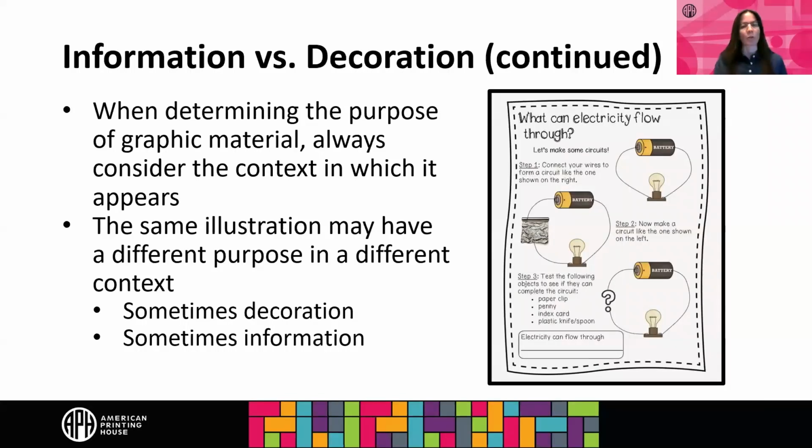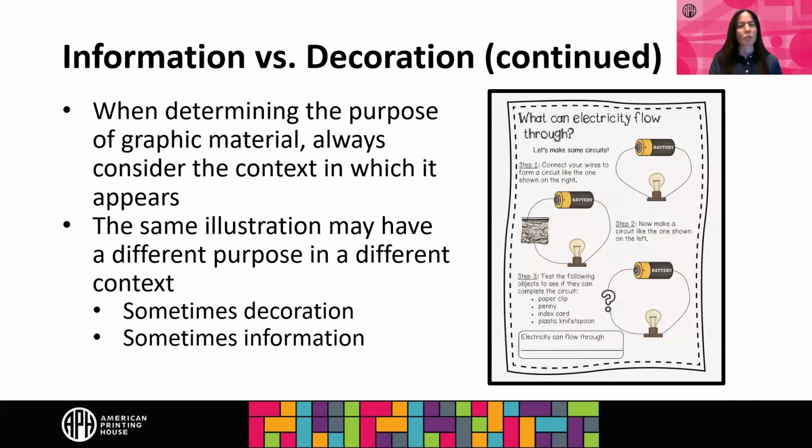Context is really important when you're deciding whether something is information or decoration, because the exact same illustration could have a different purpose in a different context, meaning that sometimes it could be decoration and sometimes information. I have as an example a science worksheet. "What can electricity flow through?" is the title, and it has 3 illustrations, all of them very simple and with some similarities between them.